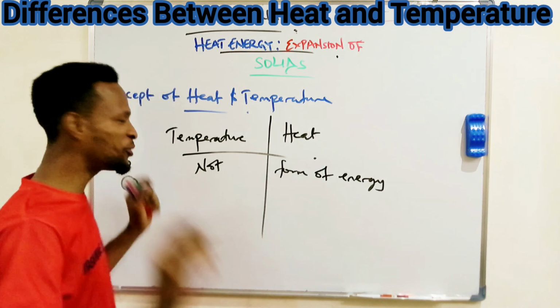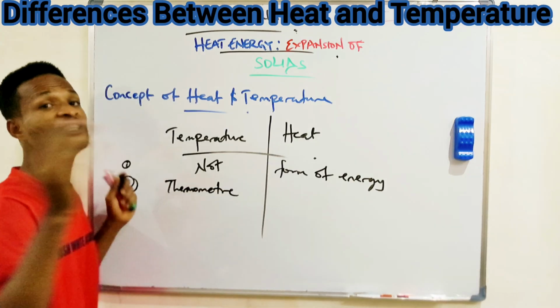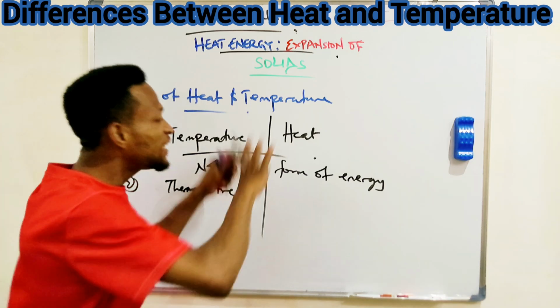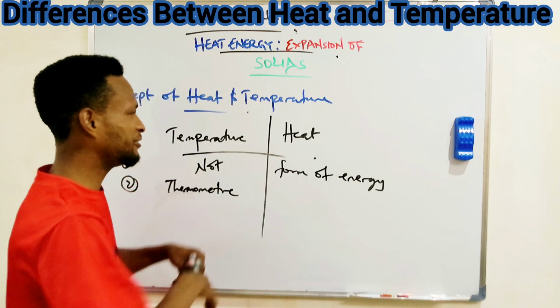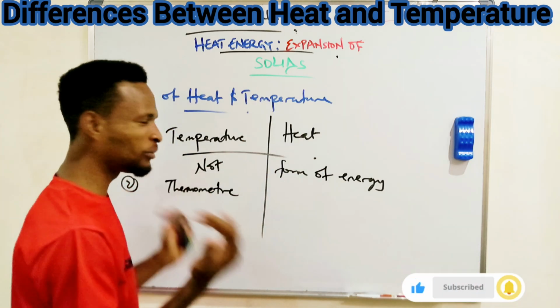Temperature can be measured using an instrument called thermometer, and there are different types. Whereas heat can be measured, like heat capacity can be measured using our calorimeter.